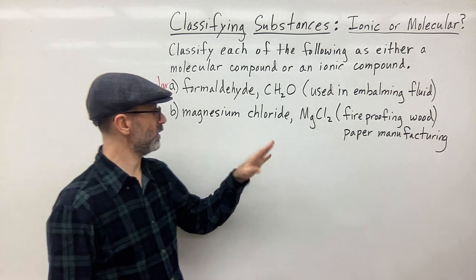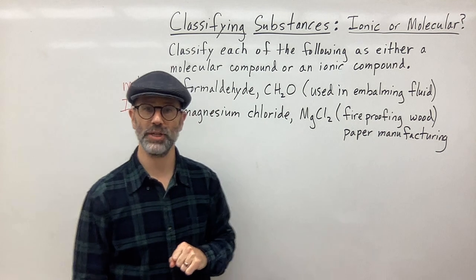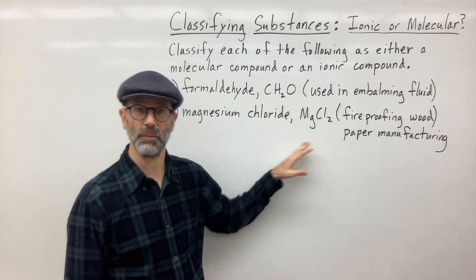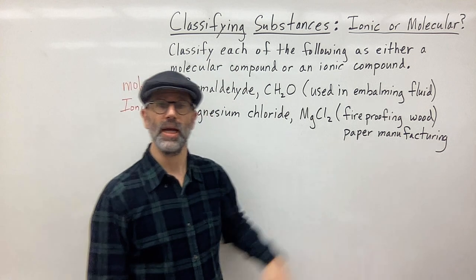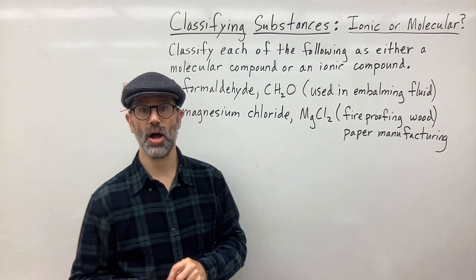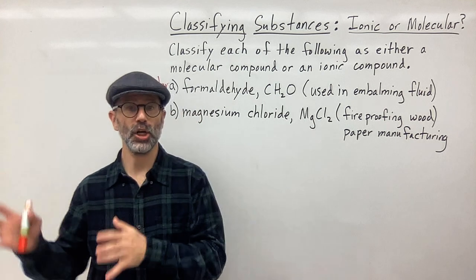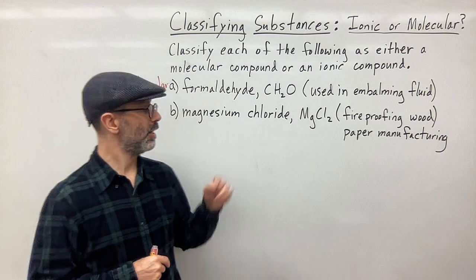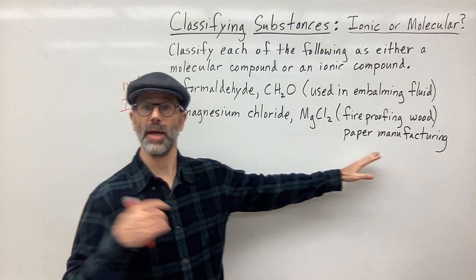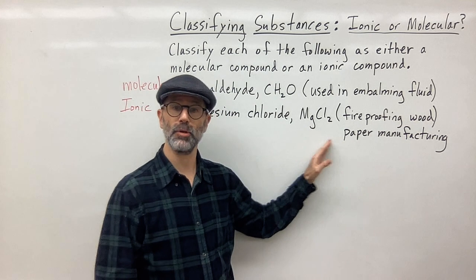One thing to mention about MgCl2 and paper manufacturing in general: we use chemicals to make paper. Remember the switch to paper straws from plastic straws, which was going to be a good change? Well, here's the problem with paper straws. Paper straws are made out of chemicals, right?